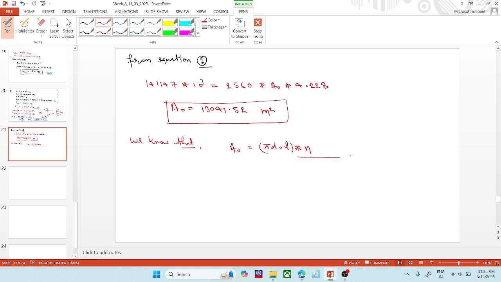Let me consider this as equation number 4. Now here, I have to determine both the length of the tube L and the number of tubes n.